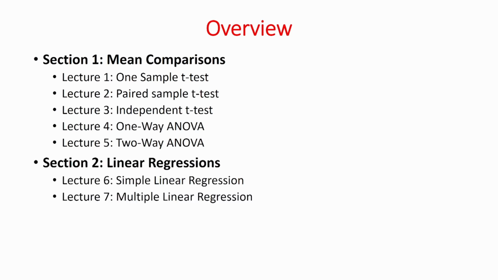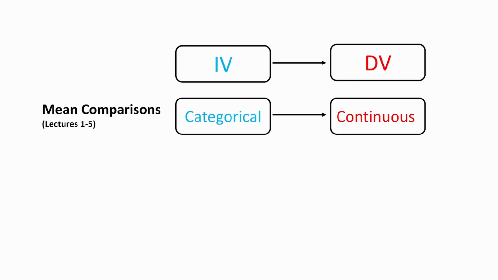It has 2 sections. The first section is called mean comparison. It has 5 lectures. The second section is called linear regression. It has 2 lectures. Why I structure the whole tutorial into 2 sections is because there are some differences between these 2 sections.